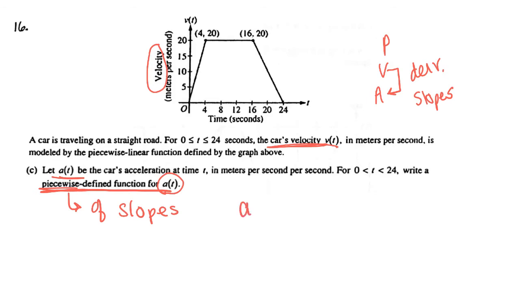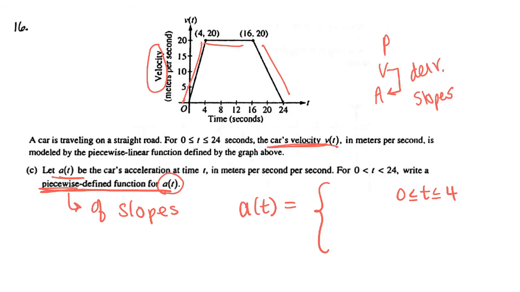So to write our piecewise function A at t, I know I've got a segment here, a segment here, and then a segment here. So I'm going to have 3 pieces to this. So one piece is going to be from 0 to 4, so I'm going to go ahead and put these. Now, as far as which ones are equal to, it doesn't matter.